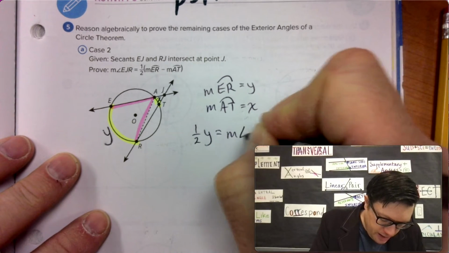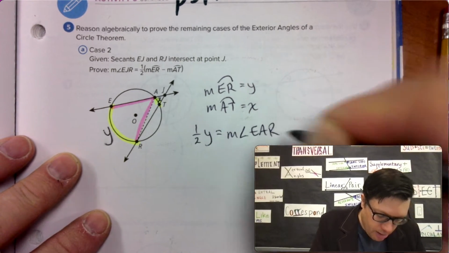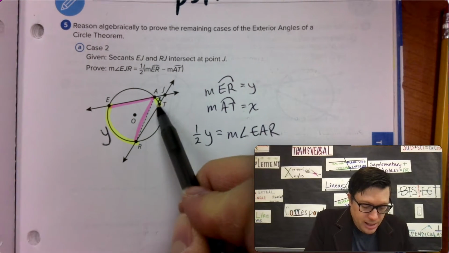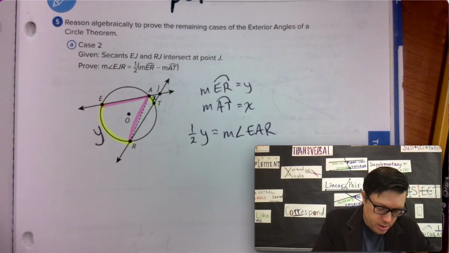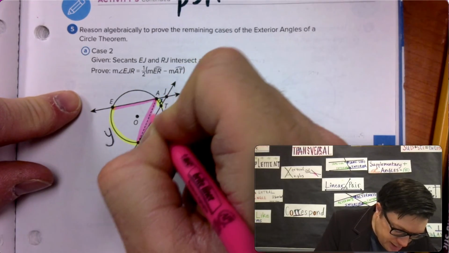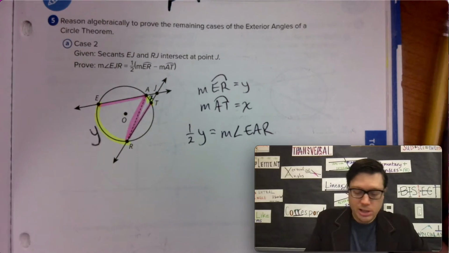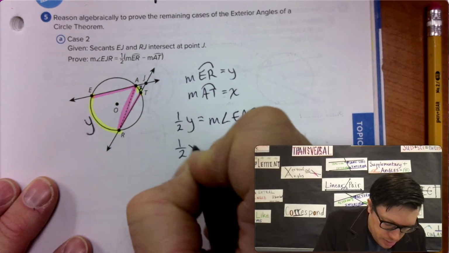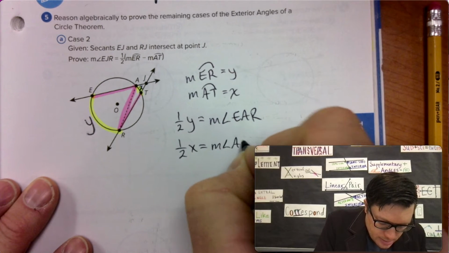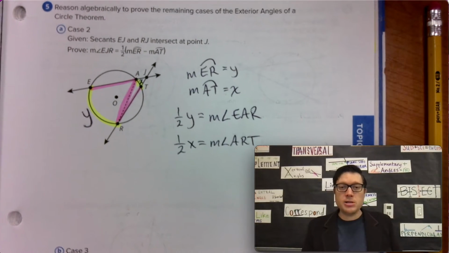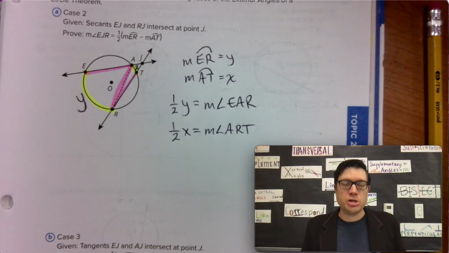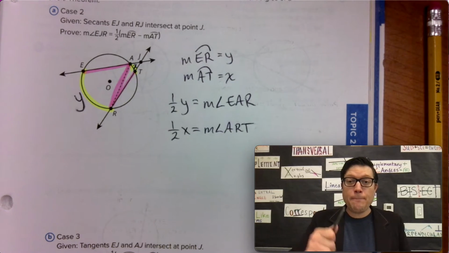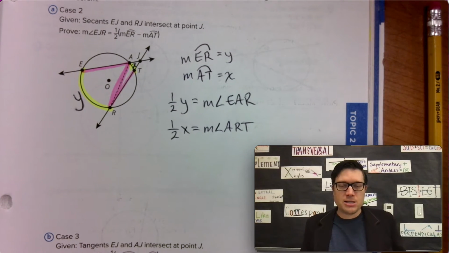That's also true for arc X. Angle ART is going to be half of the intercepted value X, because of that 2-to-1 relationship. When you were doing workspace 2 and 3 and thought, I'll never need to remember this, it popped up all the way at the end at lesson 5.